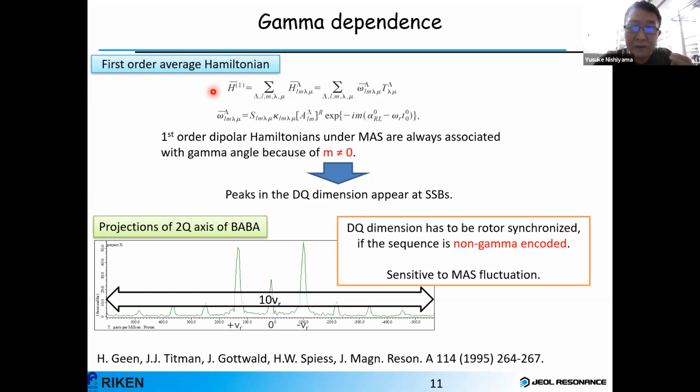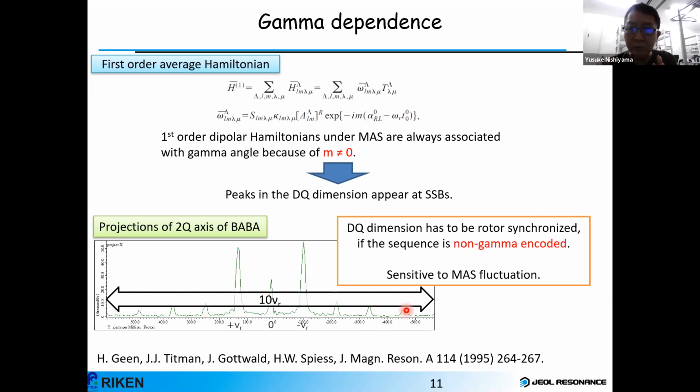In the double quantum, single quantum correlation experiment, that results in spinning sidebands in the double quantum dimension. If we measure the double quantum, single quantum correlation experiment with a very wide spectral range, in this case we set 700 kHz, that is 10 times the spinning frequency, we observe many spinning sidebands in the indirect dimension, that is the double quantum dimension.